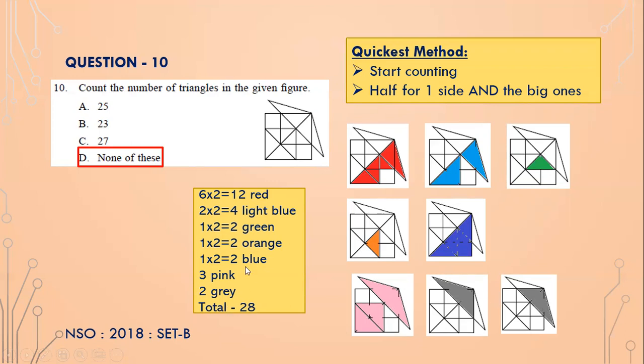If you total up everything, 12 plus 4 is 16, plus 2 is 18, plus 2 is 20, plus 2 is 22, plus gray, and there is one more bigger triangle on this side. So the answer is 28. So the option is none of these.